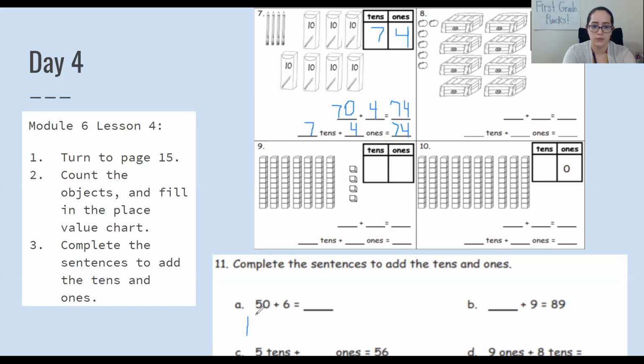So 50, I know 10, 20, 30, 40, 50 plus 6 more. 1, 2, 3, 4, 5, 6. So 50, 51, 52, 53, 54, 55, 56. 50 plus 6 is 56.